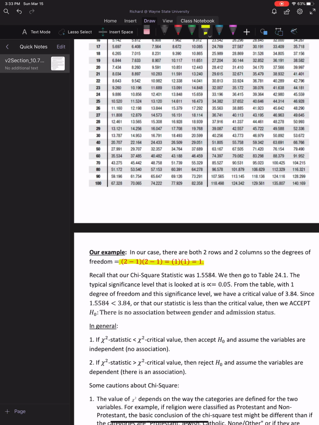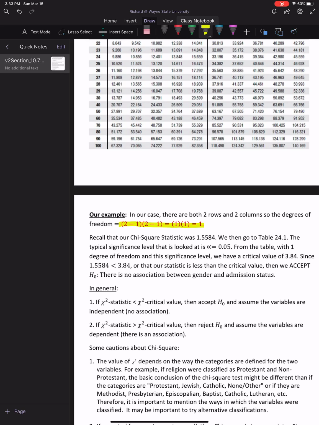And there was the computation. We know that our computed test statistic was 1.5584. We go to our table with alpha equals 0.05 and 1 degree of freedom, and we found that the critical value was 3.84. Again, remember, we always compare the chi-square statistic versus the chi-square critical value.